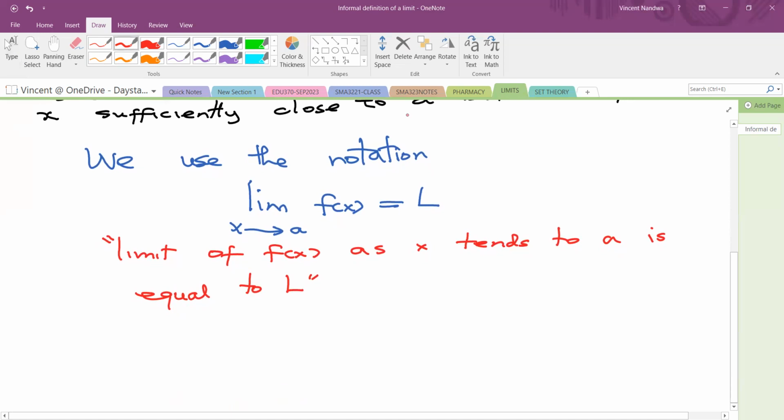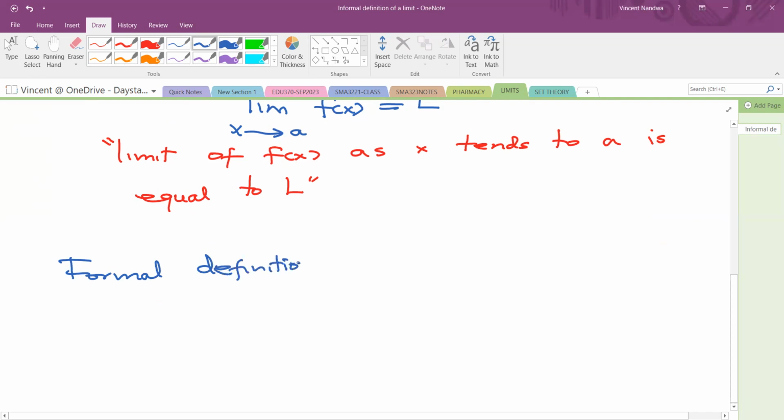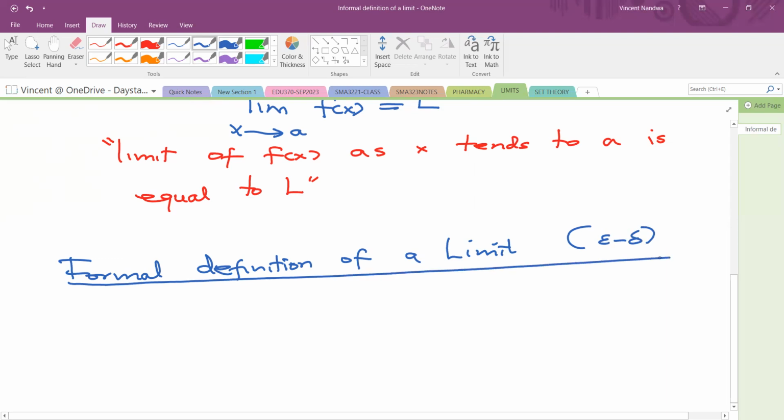Now let's give the formal definition of the term limit, which we can use to prove limits of functions. The formal definition of a limit is given using epsilon and delta values.